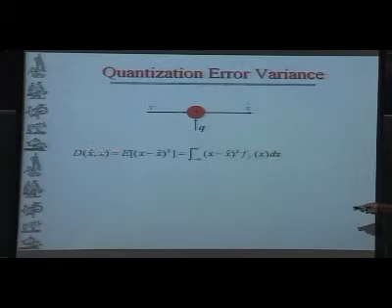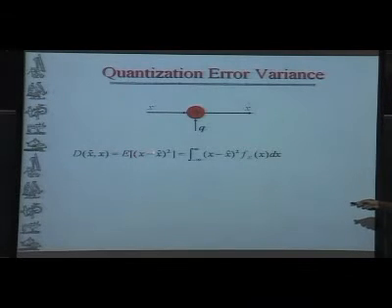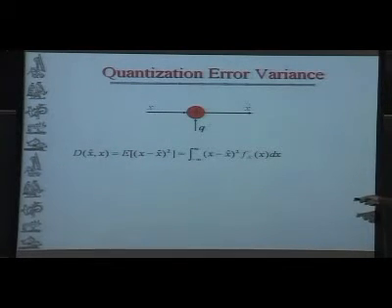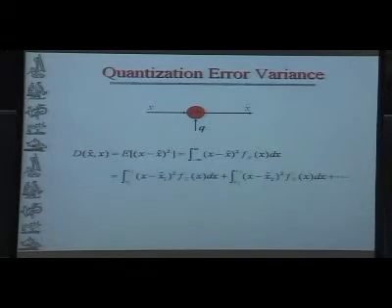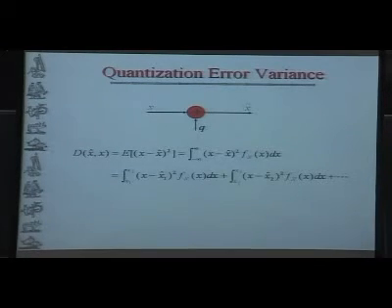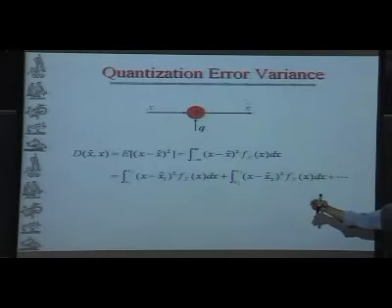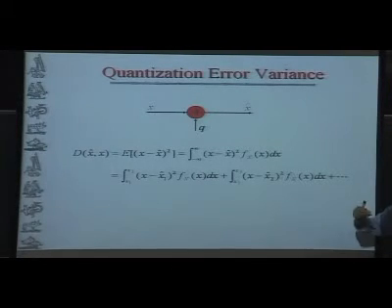Okay. So now let's do this simple analysis. D of x hat minus x is the expectation of (x hat minus x) squared, and I can write it like this, because that's the definition of expectation. Now you have multiple quantization levels.